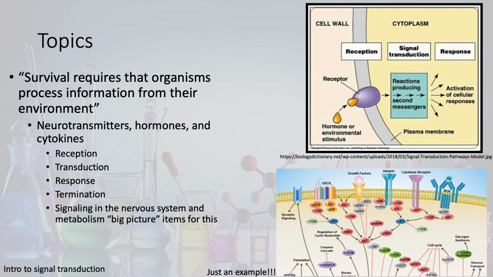At some point, we want to turn off or terminate that signal and stop our cell or cells from undergoing mitosis. Otherwise, you can have negative impacts that ultimately lead to certain types of disease, such as, in this case, potentially cancer.